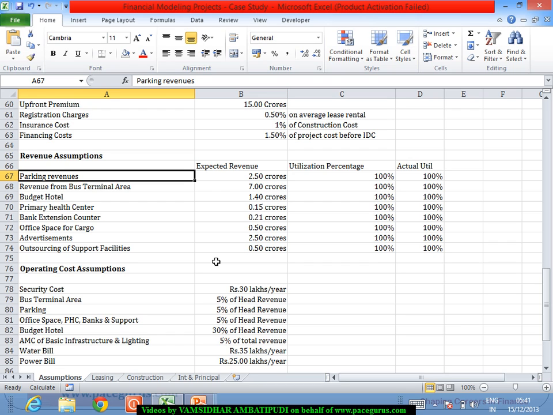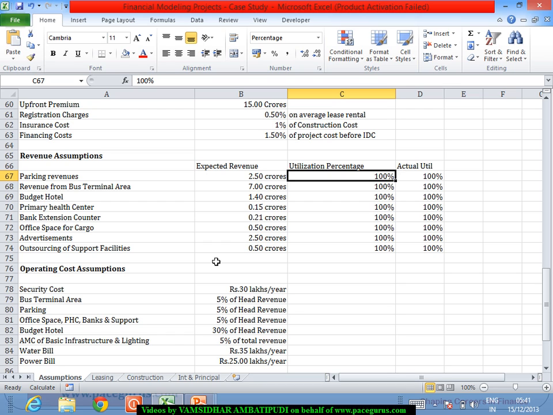So in this business model, we are expecting that the revenues will come from parking, bus terminal, budget hotel, health center, right, bank extension counters. From all these things, we are expecting that the revenues will get generated, under the assumption of 100% utilization.